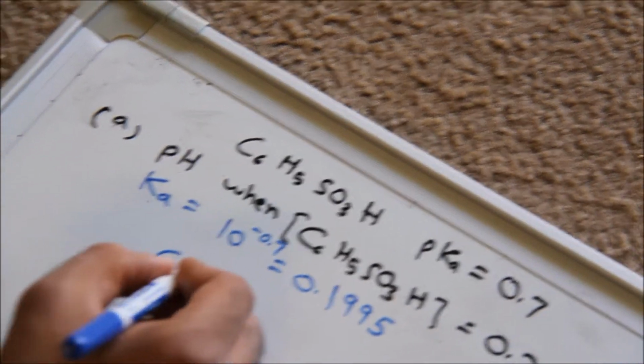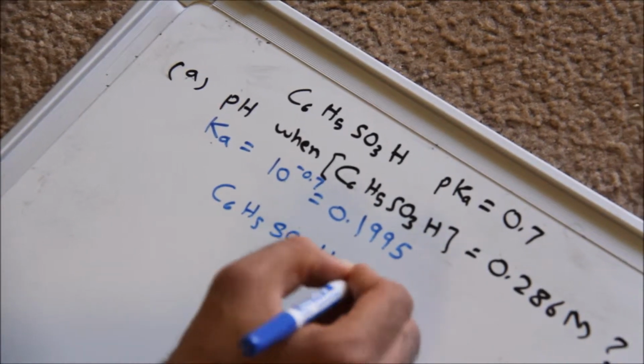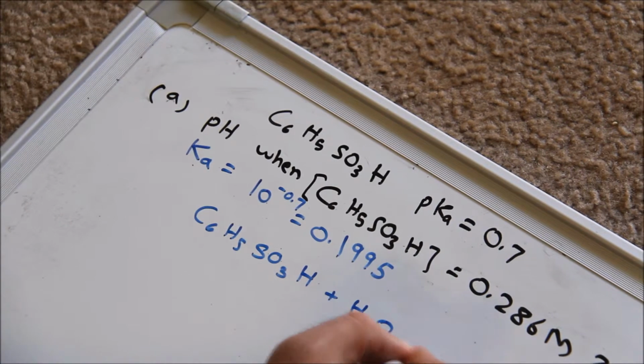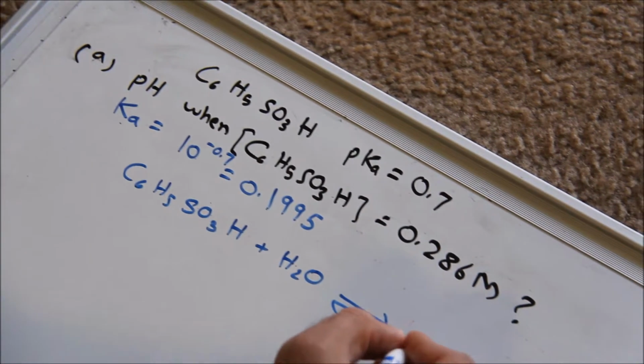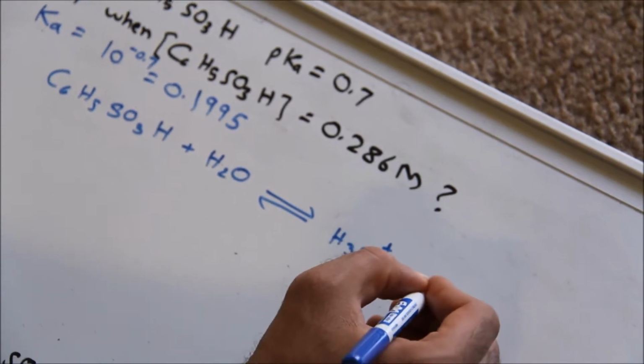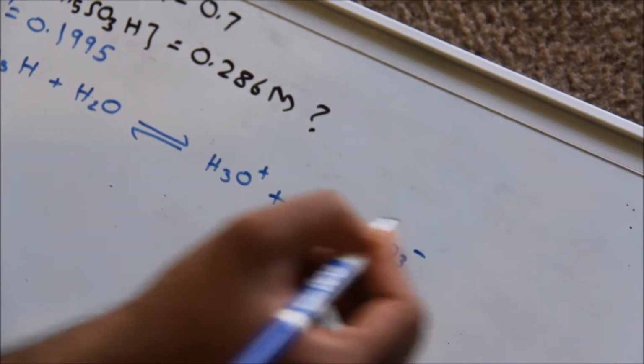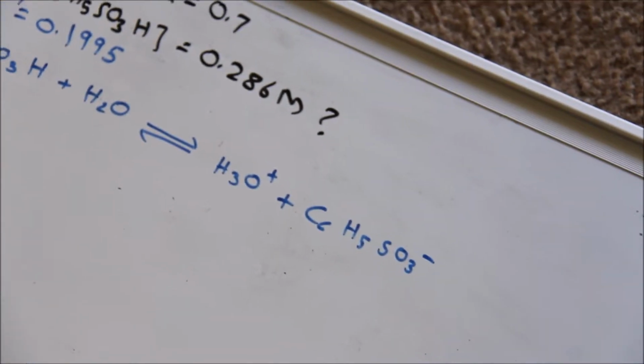C6H5SO3H plus H2O, which will be in equilibrium with H3O plus and C6H5SO3 minus. So now we just set up an ice table.